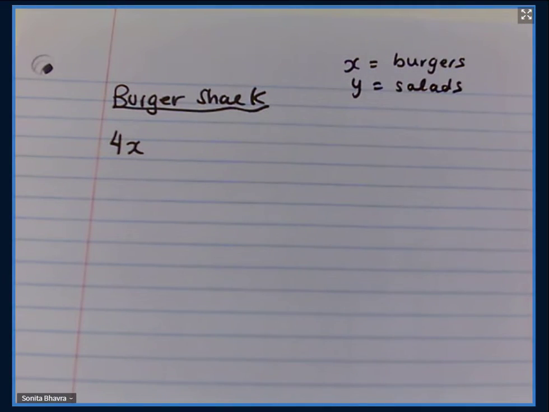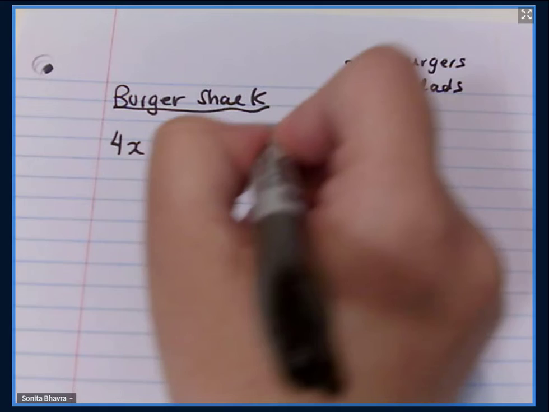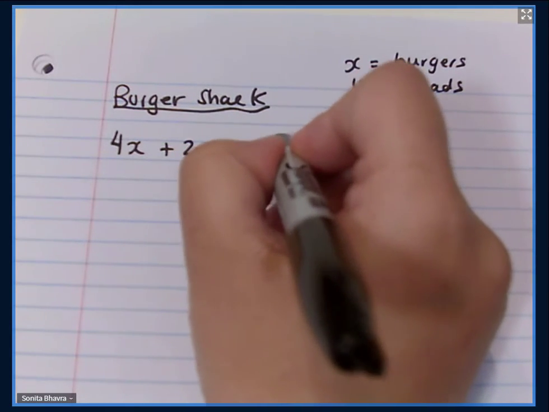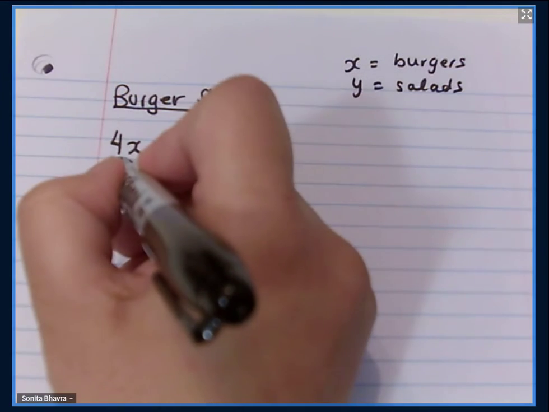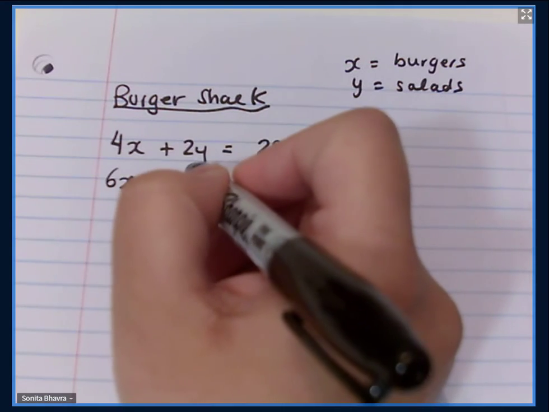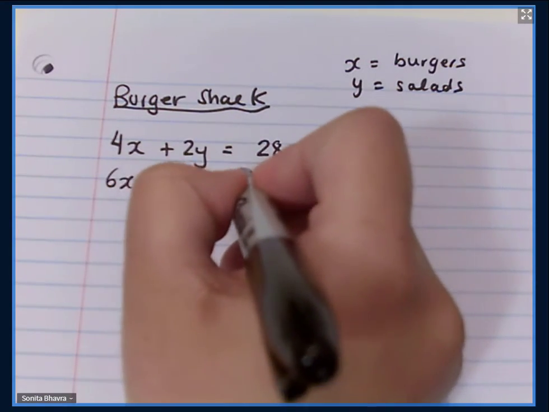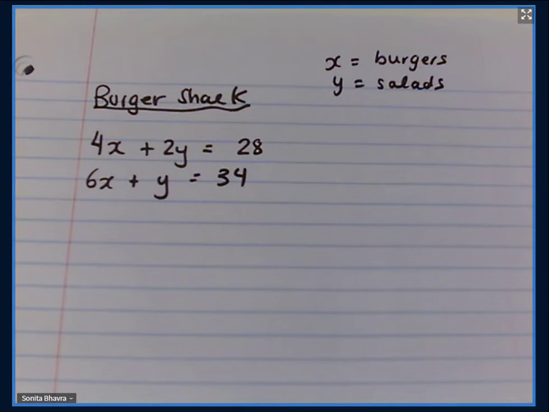So 4 burgers and 2 salads: 4X plus 2Y, and it was $28. And then the second order, she charged $34 for 6 burgers, so you would say 6x, and then 1 salad, so plus y, and that total cost was $34. So that's at Burger Shack.